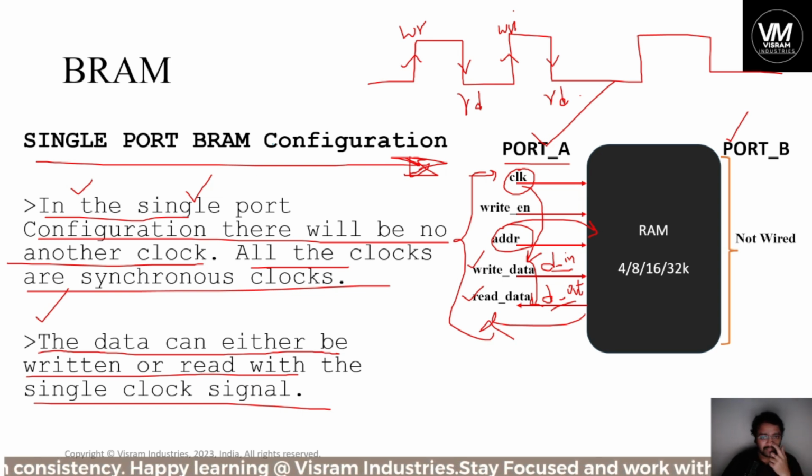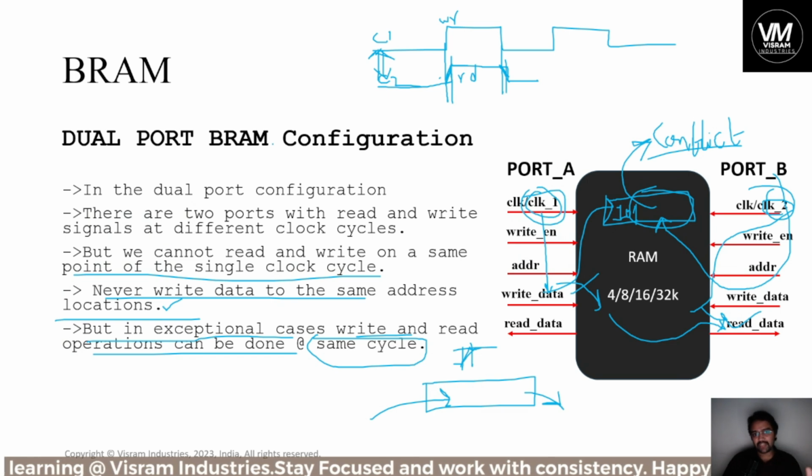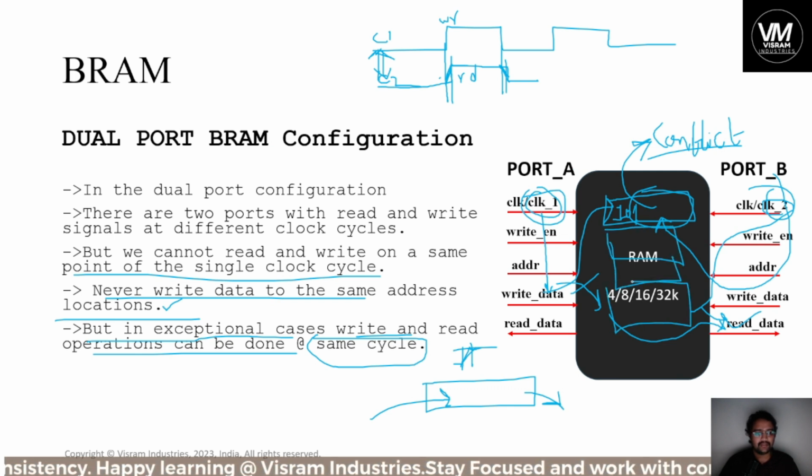From the block of BRAM, we can make a single port BRAM, which can only read and write at the synchronous clock, and also a dual port BRAM configuration, such that it has two clocks at two different ports, and now you can read and write data simultaneously, or read and write from different locations of the registers inside the RAM. Inside RAM you can see there is a stack of registers which stores the data into the memory device. This is a memory device, random access memory.